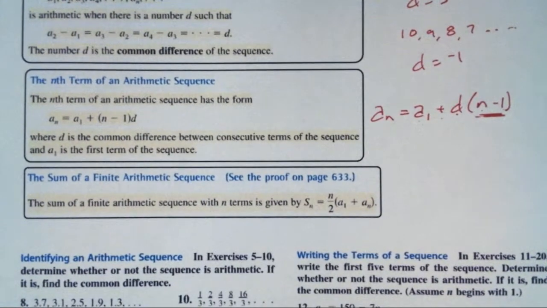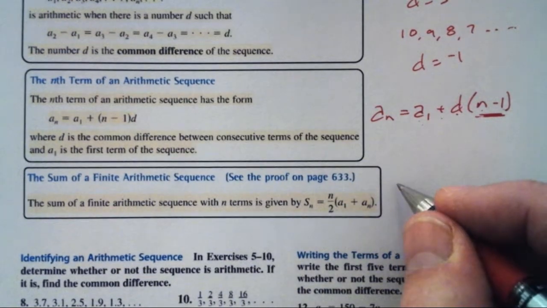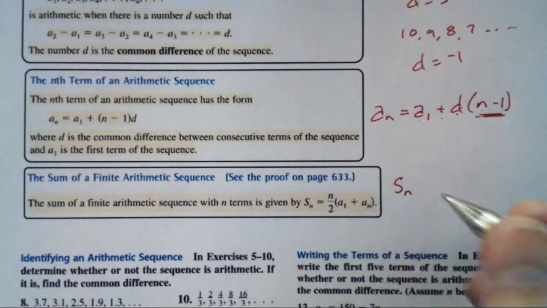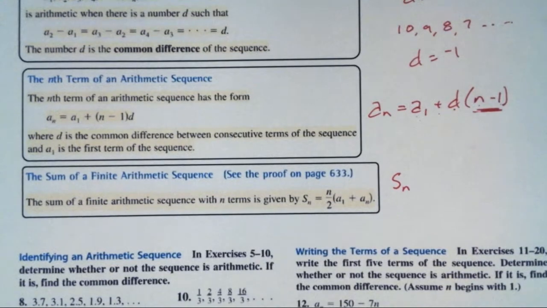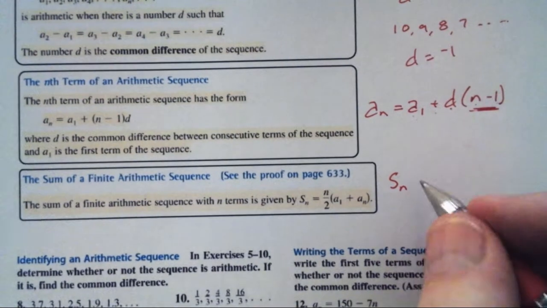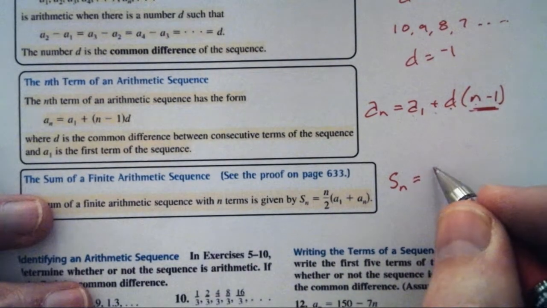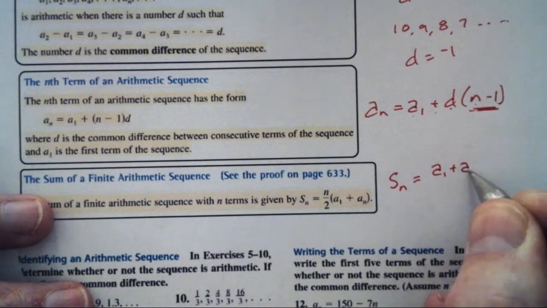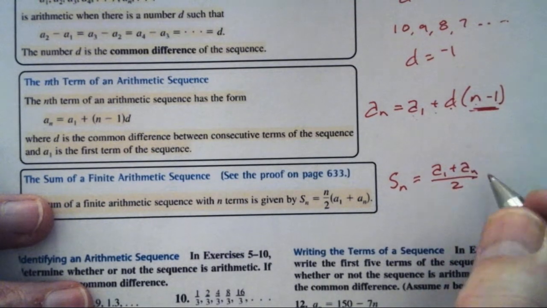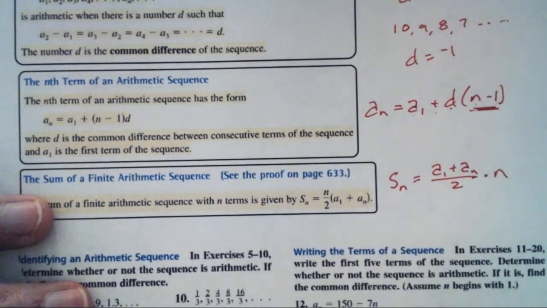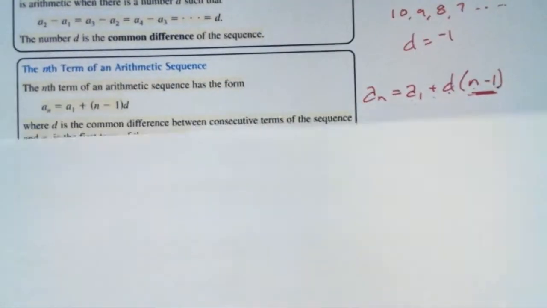Okay, here's another formula that should make sense. It shouldn't be a memorize. This says the sum of the first n terms. And I'm going to write this one differently. I'm going to say it's (a1 + an)/2 times n. And the reason I do that, hopefully, is going to make sense to you.